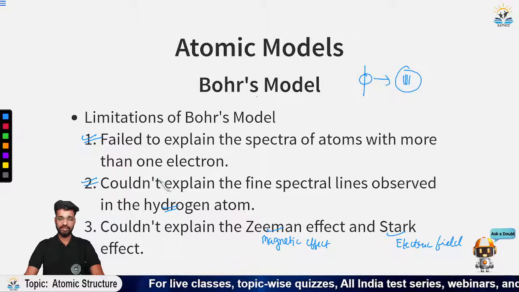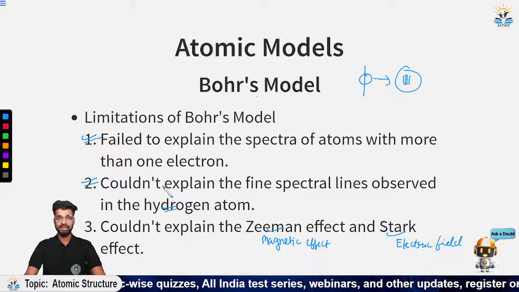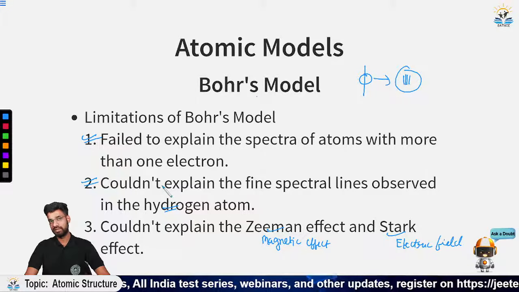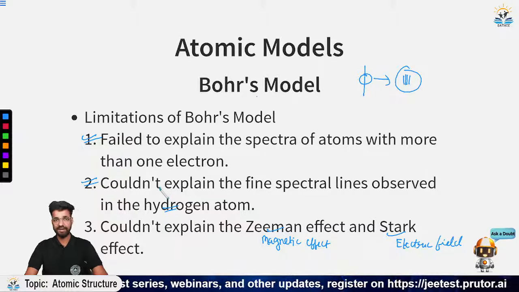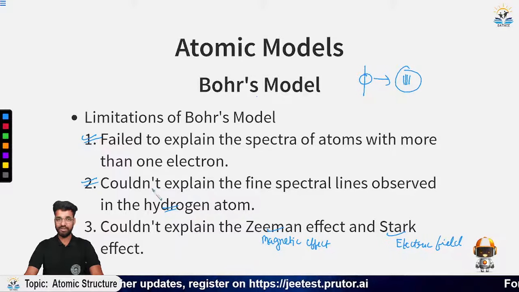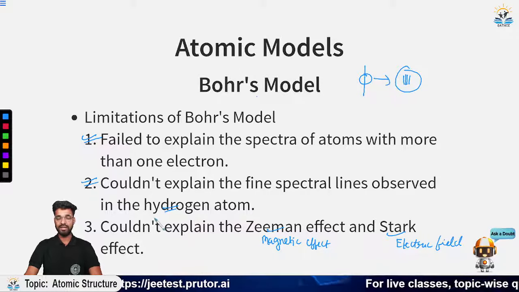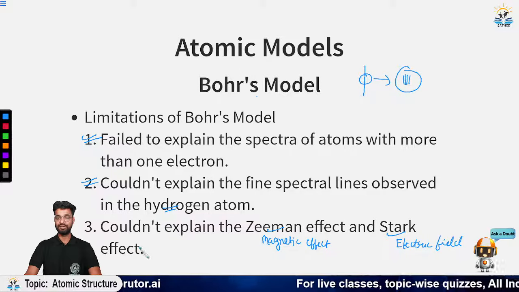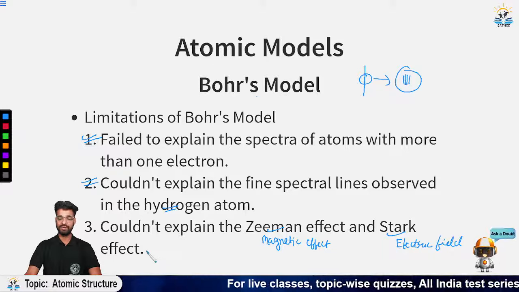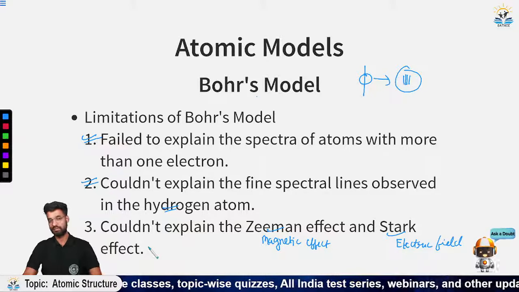Bohr says that if electrons are revolving in an orbit, then the energy and the position are fixed, meaning he could tell the energy and the position of the particle both at the same time simultaneously. But the Heisenberg uncertainty principle was just the opposite of that. So you will see what the Heisenberg uncertainty principle is, and this was the most major drawback of Bohr's atomic model.